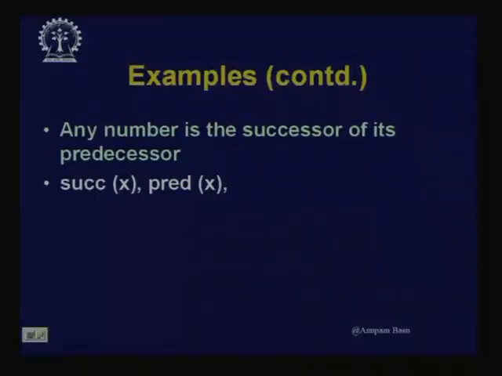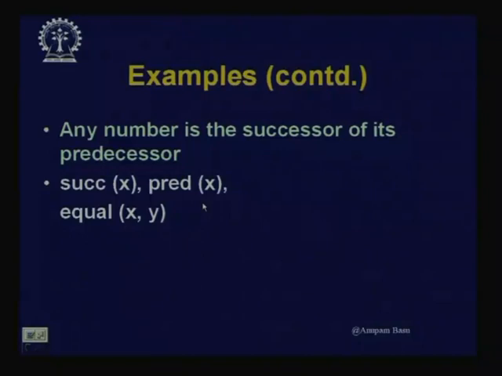So, in order to express this, I choose two predicates, successor x and predecessor x, suc x, pred x. Now, with these two, I also introduce another predicate, equal x y, which means x and y are equal.